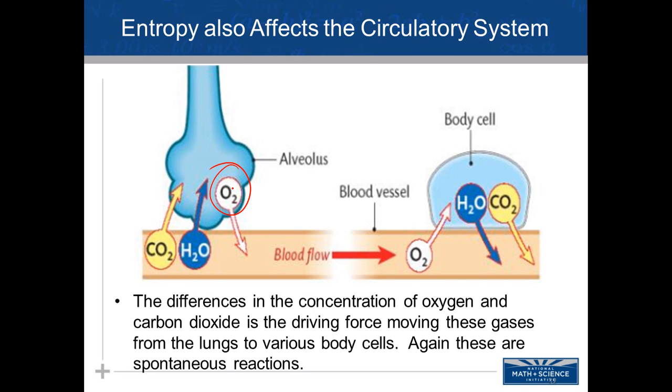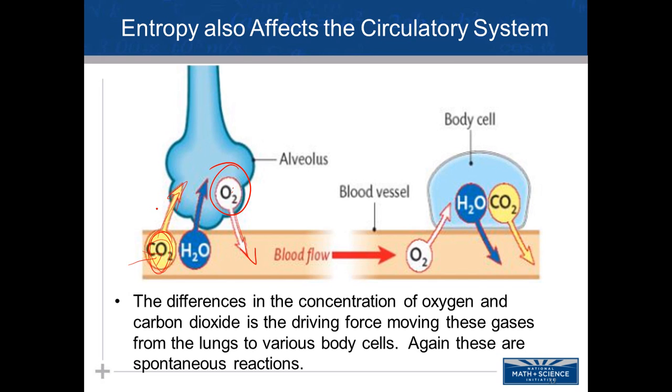So there's this net movement of oxygen from the alveolus in your lungs into the bloodstream. On the other hand, the blood is bringing back carbon dioxide. The concentration of carbon dioxide in your blood at the alveolus is greater. So now we see a net movement of carbon dioxide from the bloodstream into your lungs. And it didn't require any sort of energy. It was a spontaneous reaction.